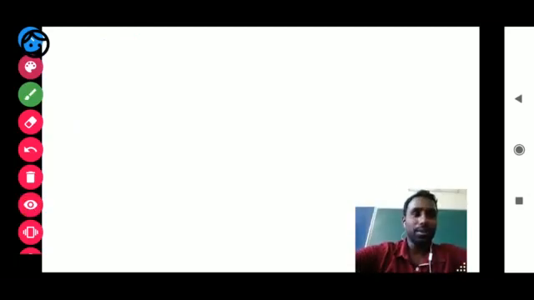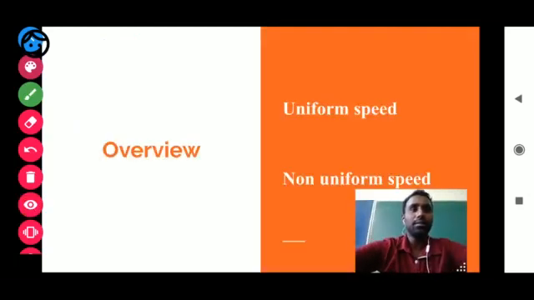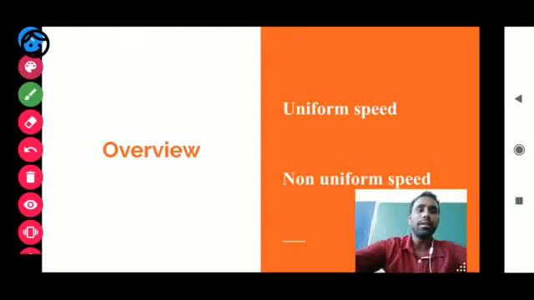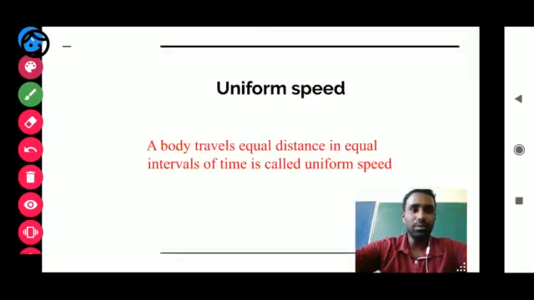Okay, the next slide. What is meant by uniform speed and what is meant by non-uniform speed? I'll recapitulate that. First, what is meant by uniform speed? Listen, children, one thing you have to know, I already said: when a body travels equal distance in equal intervals of time, that is called uniform speed.